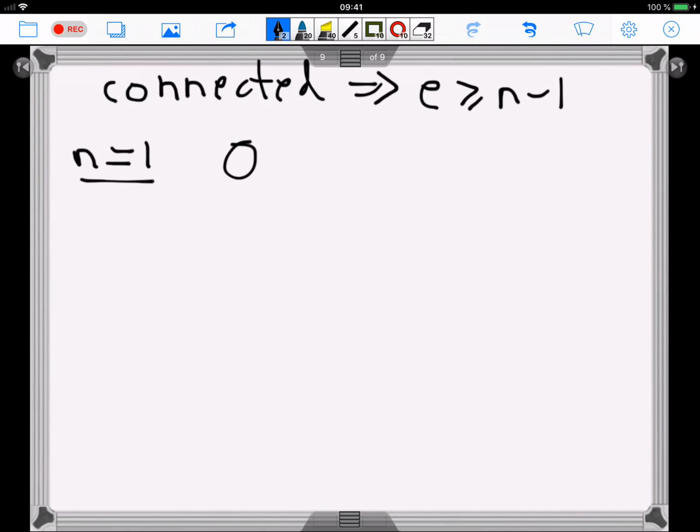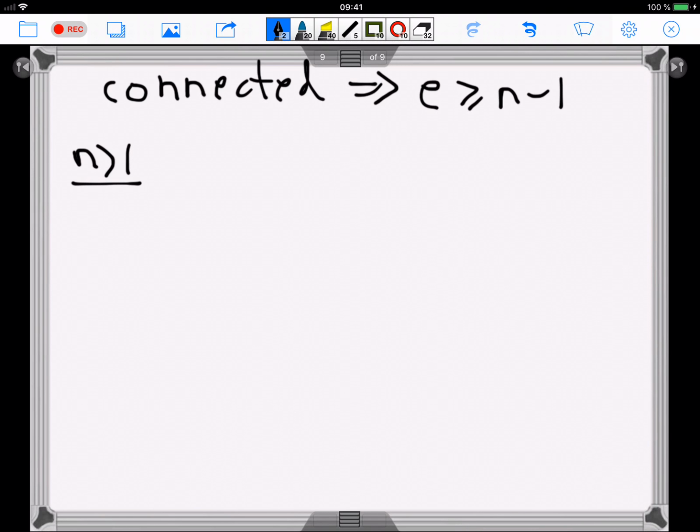It's the graph with just one node, and in this case E is 0, n is 1, and then E is exactly equal to n minus 1. Okay, so this case is trivial. So again, we suppose that the result is true for graphs with at most n vertices, and we want to prove it for n, where n now is greater than 1.